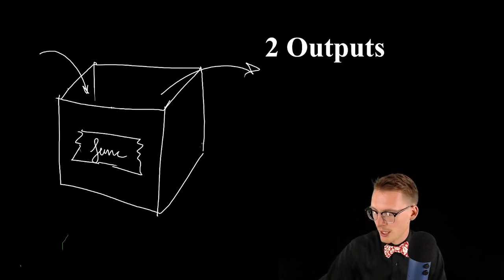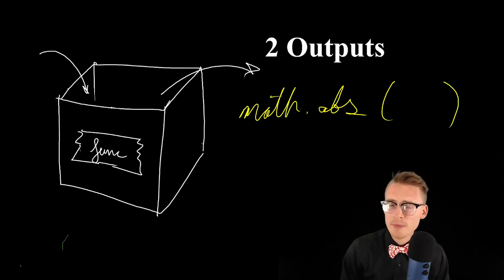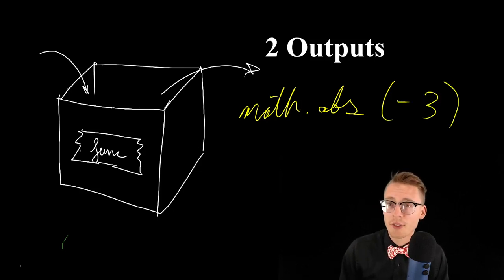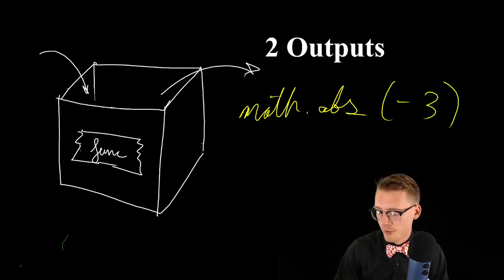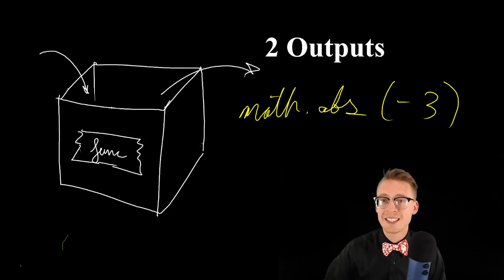So we're going to take, for instance, math.abs. This was a function that took the absolute value of some number. So let's just say we passed in a -3. What that would do is it would return 3. So this function did something to that number.